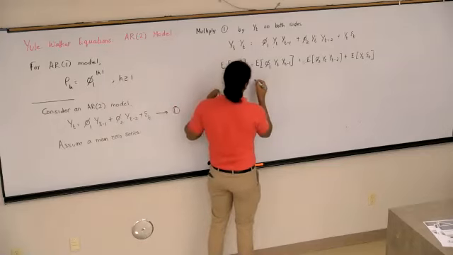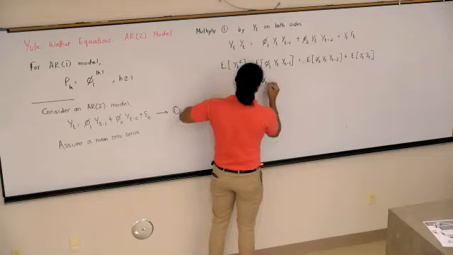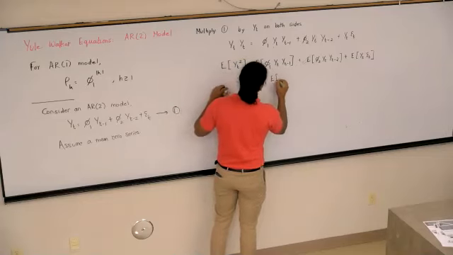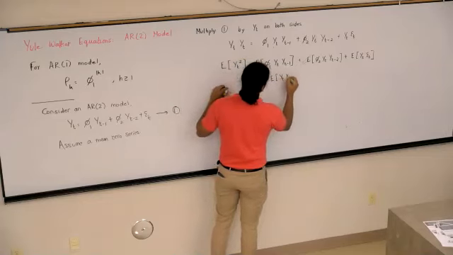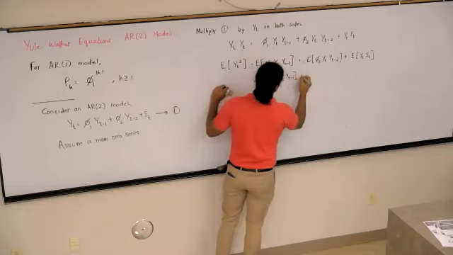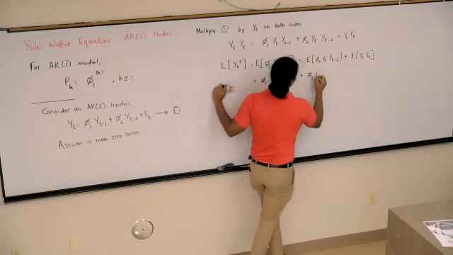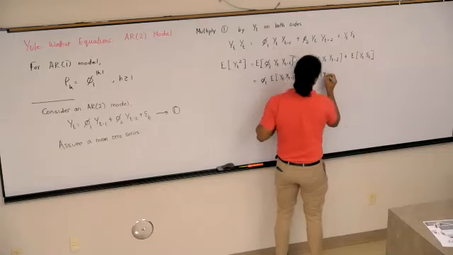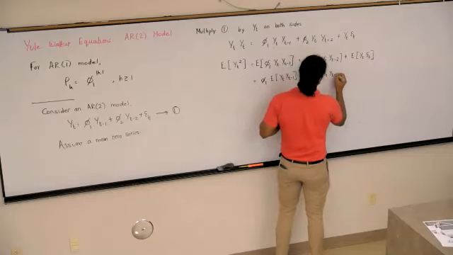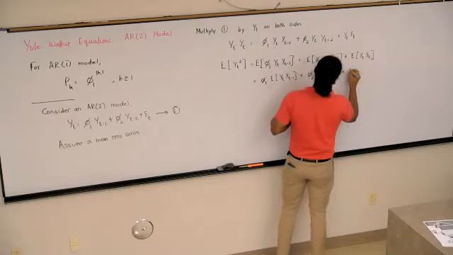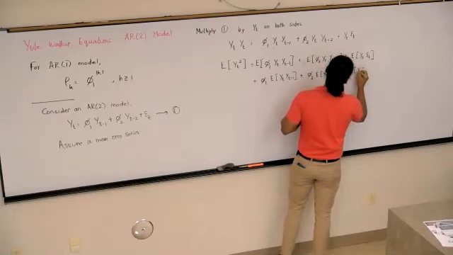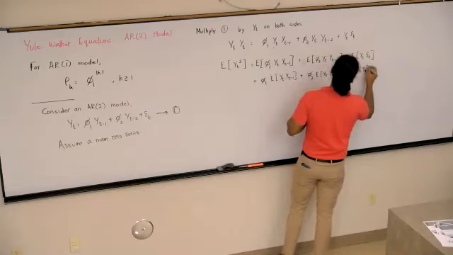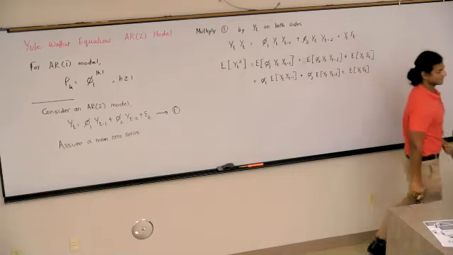I can pull phi1 out because it is a constant. Same with phi2. Nothing to pull out in the last expression, so I'm going to leave that as is.